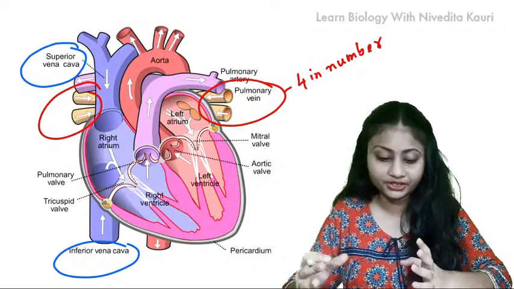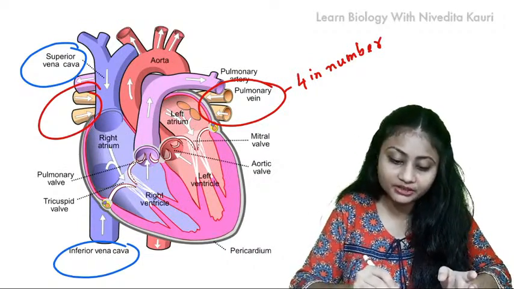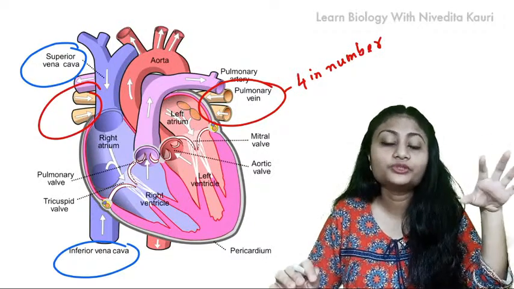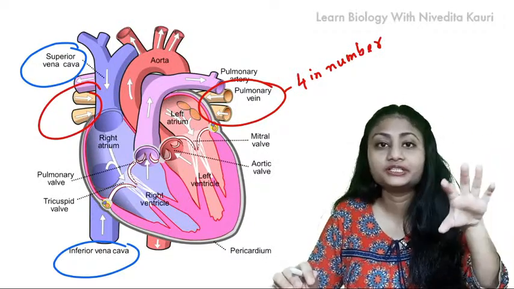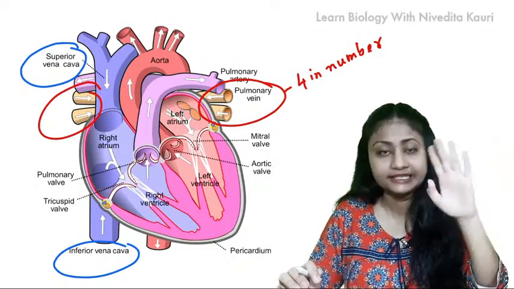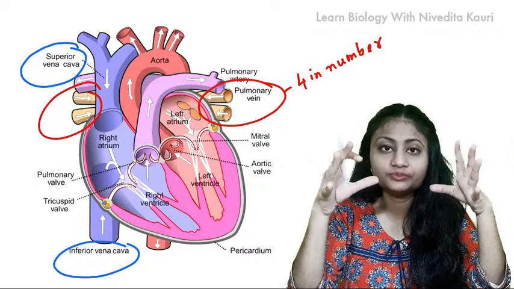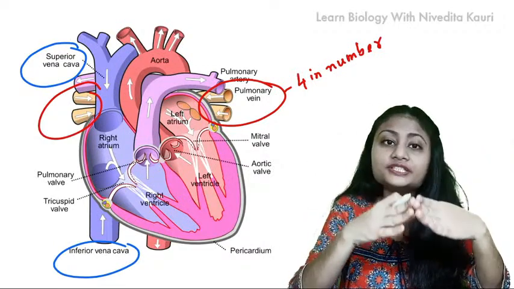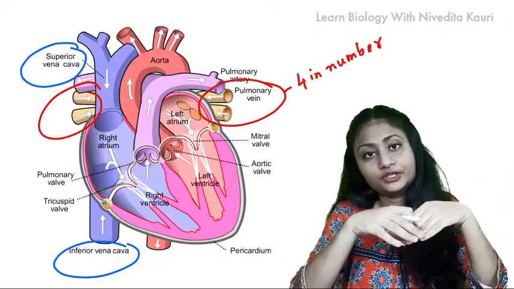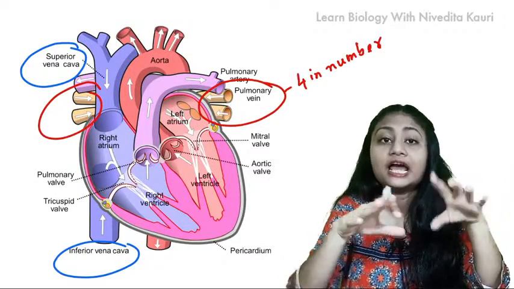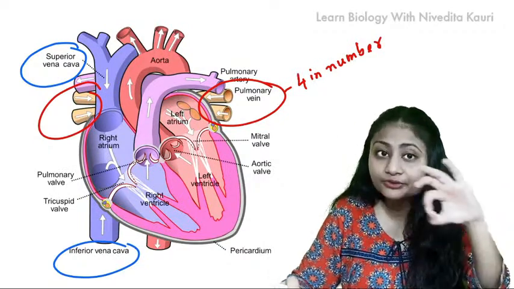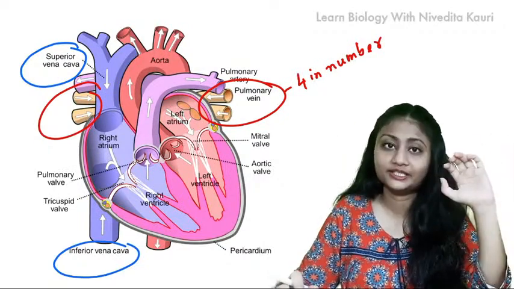Coming to the ventricles, the right ventricle and the left ventricle. The muscular wall of the right ventricle is much thinner than the left one. Why? See, the pumping action of the right ventricle is responsible for pumping of blood in the pulmonary circulation, which is a shorter one, and the pumping action of the left ventricle delivers blood to the systemic circulation.